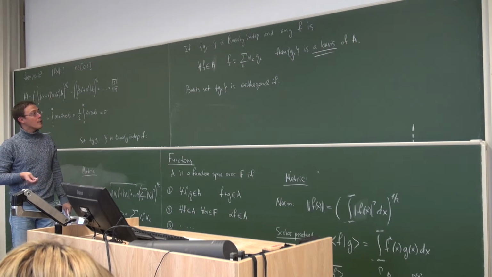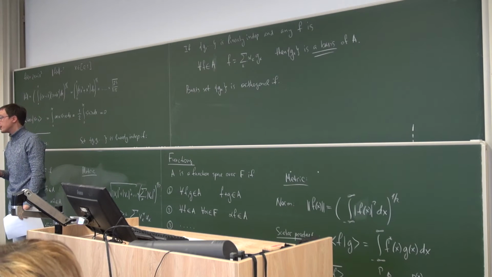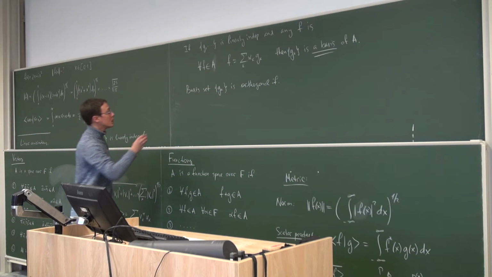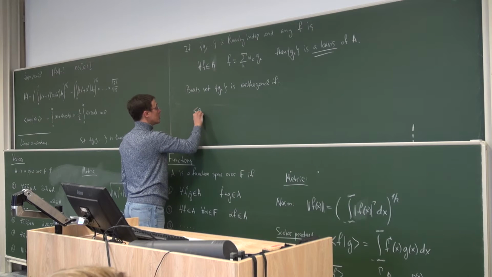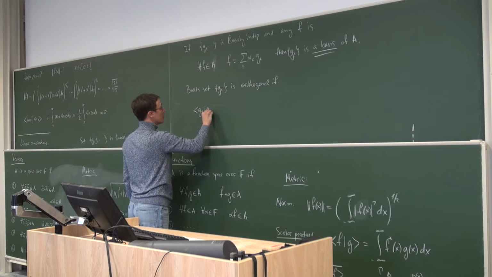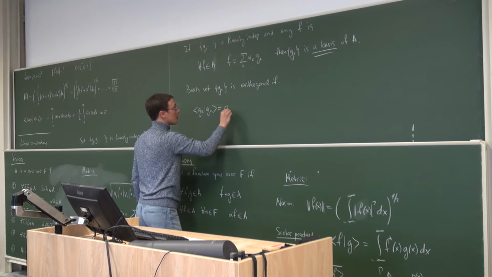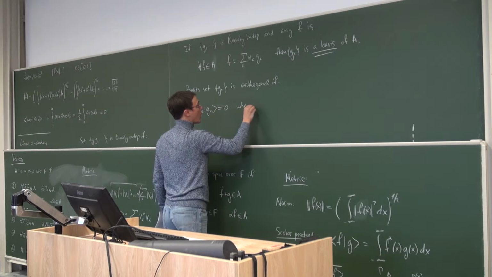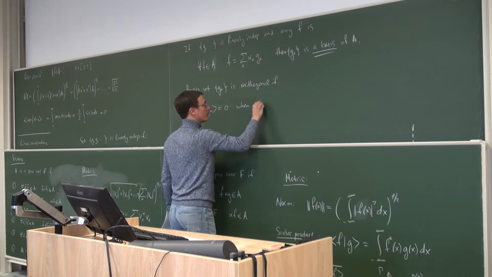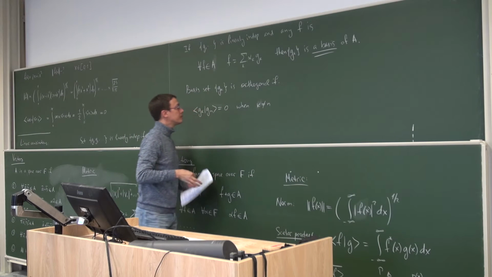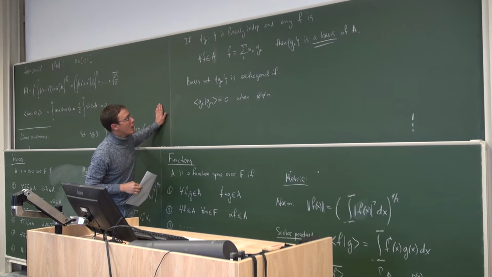We want to have all the functions perpendicular to one another: the scalar product of Gk and Gn is 0 when k is not equal to n.